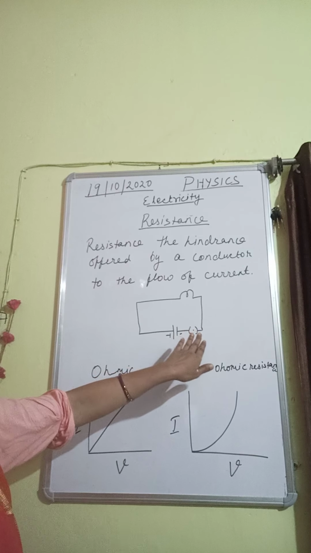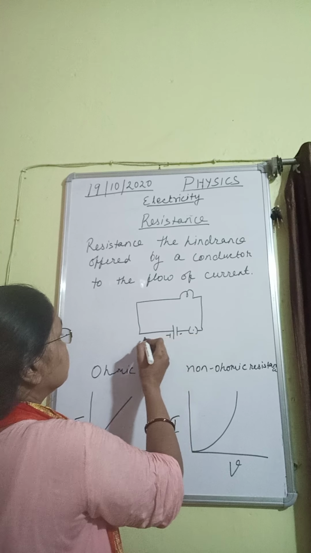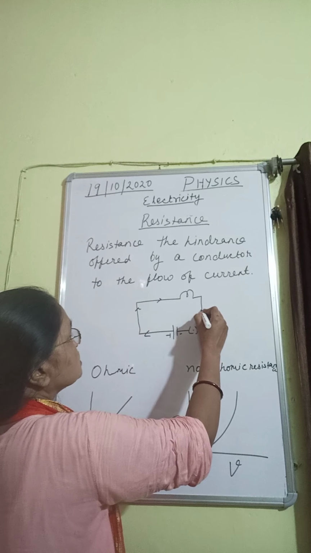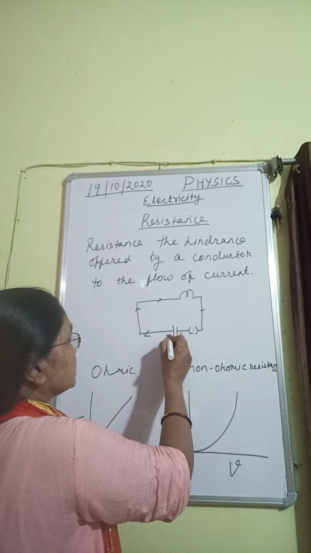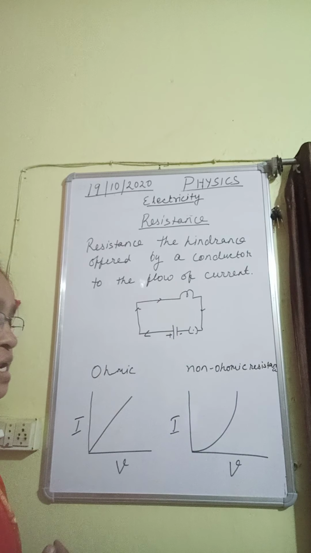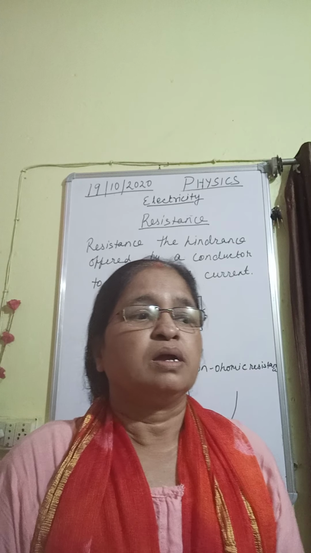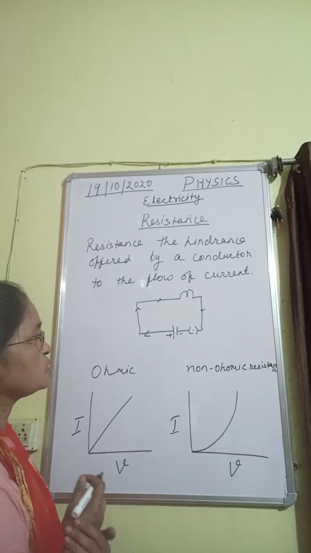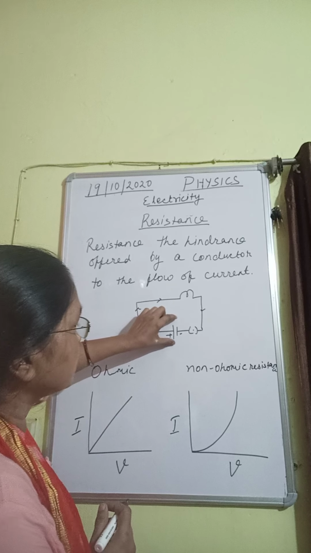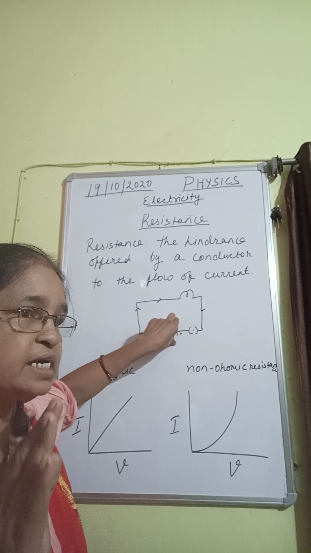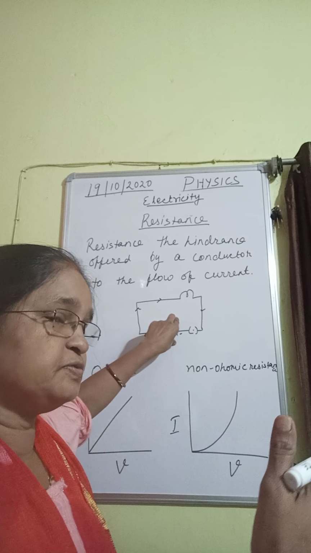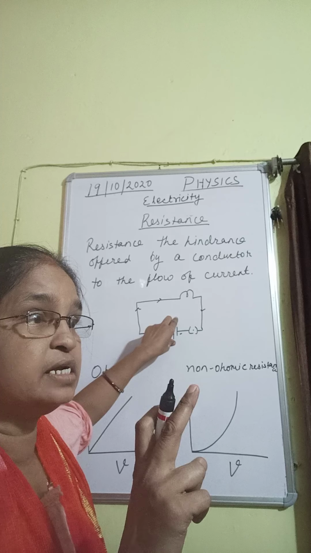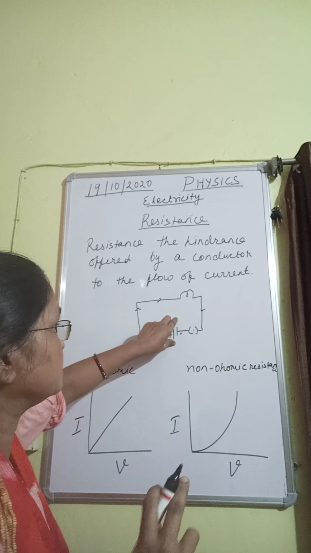As soon as the switch is on, current starts flowing, and the direction of current is always taken as conventional, that is from positive to negative. As the current starts flowing, see here, what is happening? We know that current is nothing but flow of charge in a certain fixed path, a specific direction.